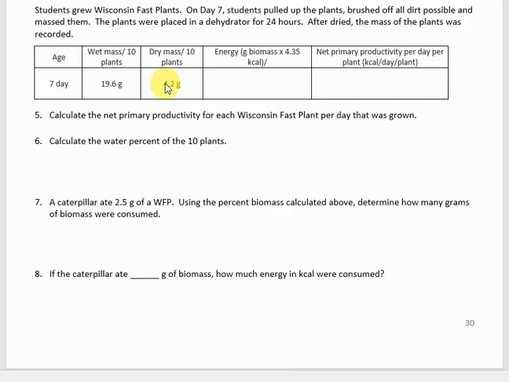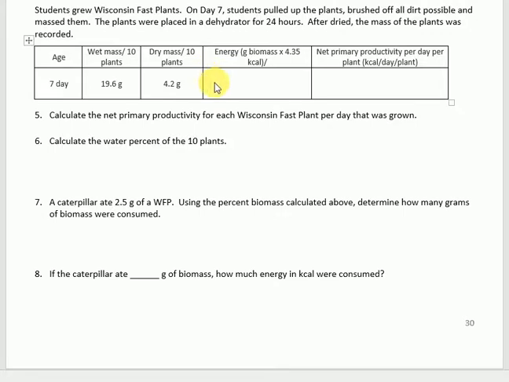It says calculate the net primary productivity for each Wisconsin fast plant per day that was grown. The first thing we need to do is figure out what the actual energy was in that biomass. It shows you here the grams of biomass times the 4.35 kilocalories will give you your total.